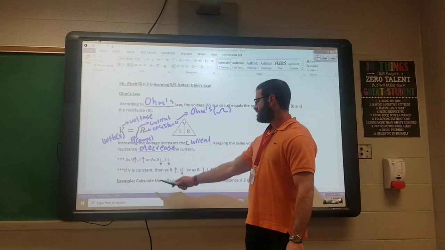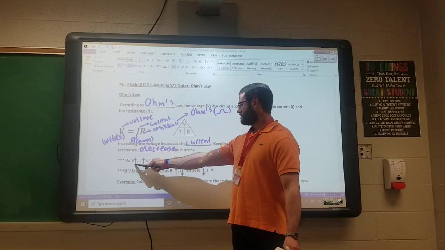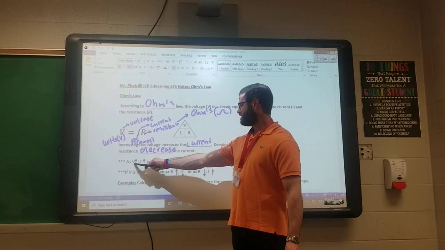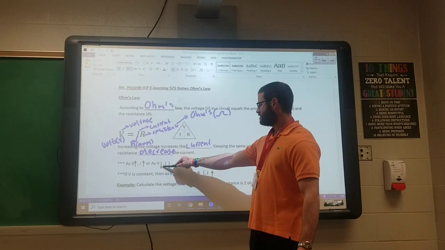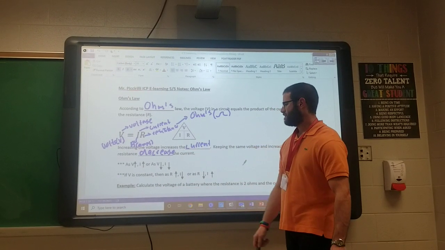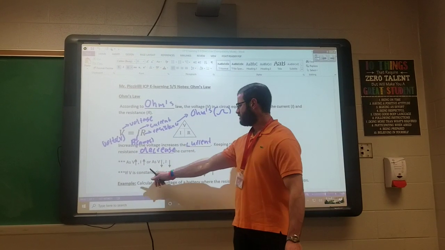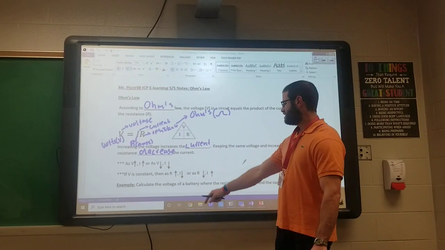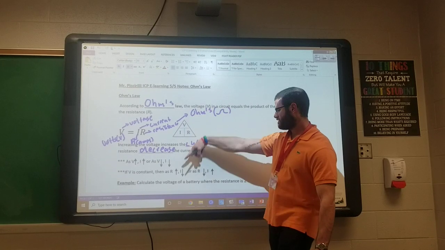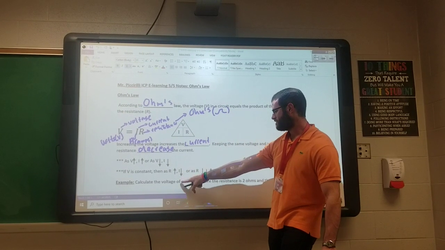All right, if we look here, little symbols I have here. As voltage goes up, current goes up. As voltage goes down, current's going to go down. And here, just like we stated up here, voltage is constant, V is constant. Then as we increase the resistance, the current goes down.